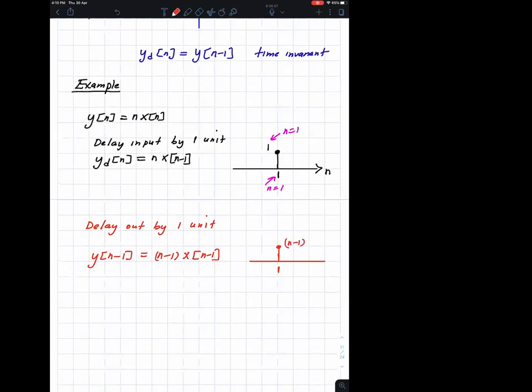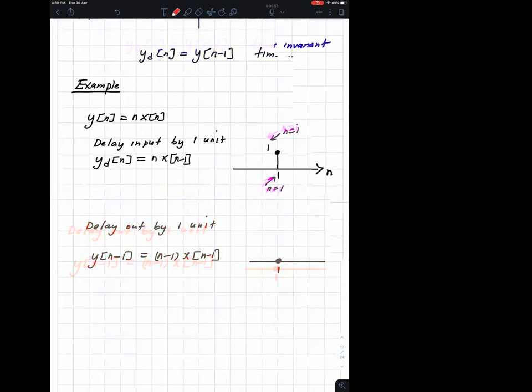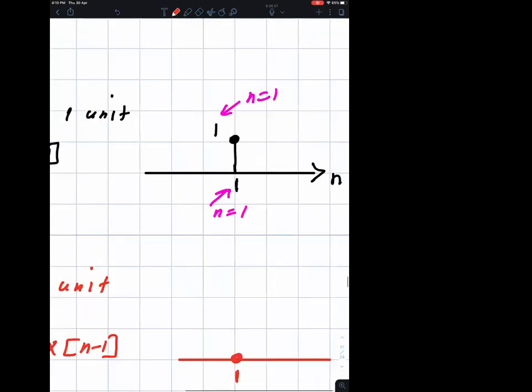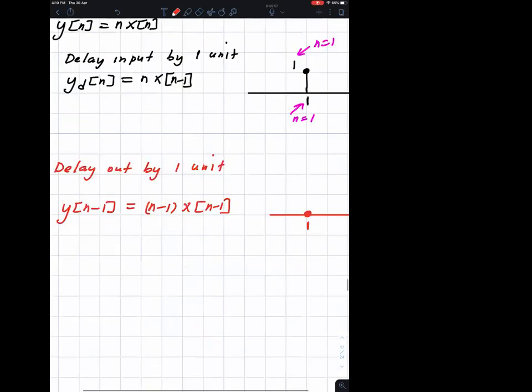Because n is 1, so 1 minus 1 is going to be 0, right? So you see the input delayed output and output delayed output are not the same. On one of them at n equals 1, it's giving you a 1. On the other one, at n equals 1, it's giving you a 0.